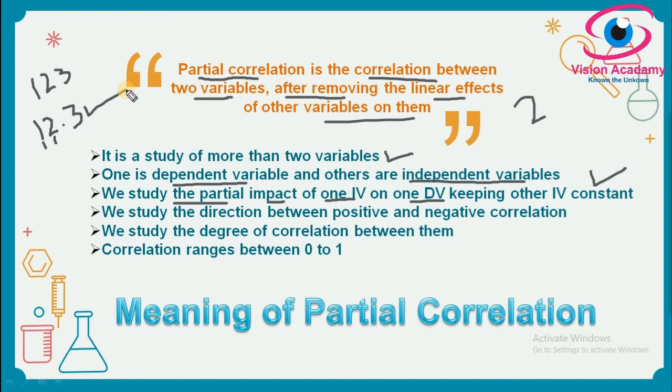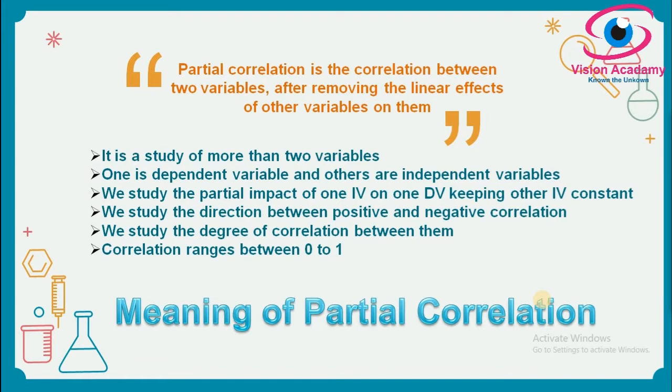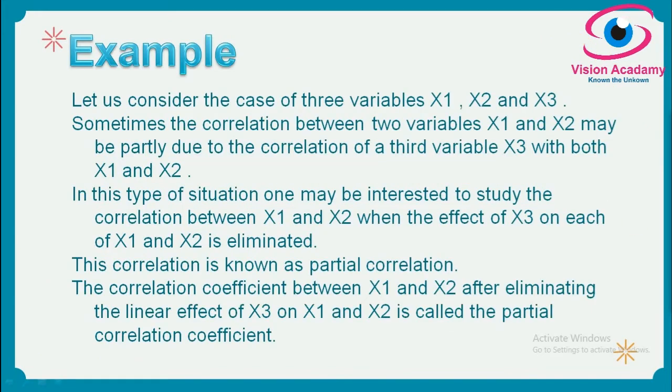In correlation we study the direction between variables, which may be positive or negative. We also study the degree of correlation between them, which scales from 0 to 1 only. Let us have an example so that we can understand it much better.